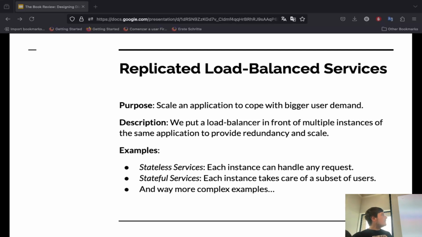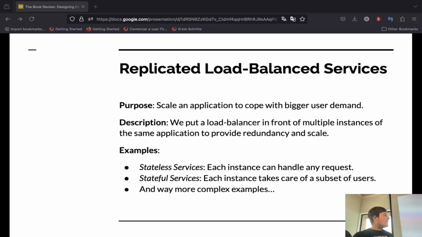Depending on the service that's behind the load balancer, we have different load balancing strategies. For example, for a stateless service, we can use a round robin strategy. It doesn't matter, any replicated service can handle any request.